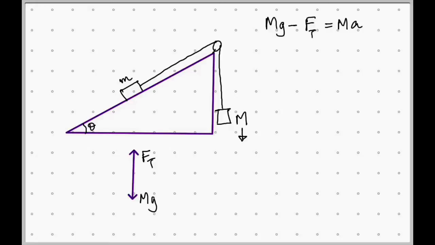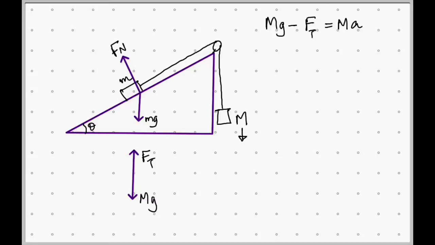Now, what about the little mass? What does the free body diagram look like? I'm going to draw it right there. This is very important. That's the mass, and then the other force would be the normal force. And if there is friction, what direction would it be in?